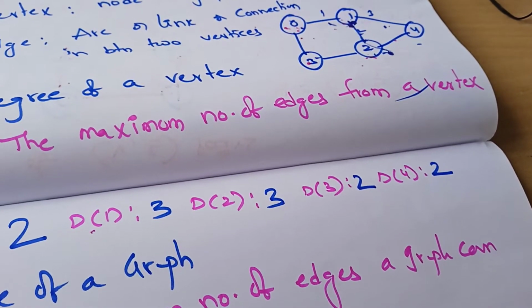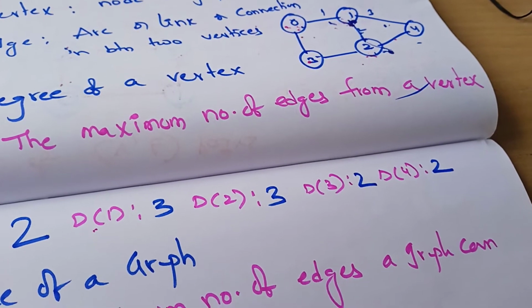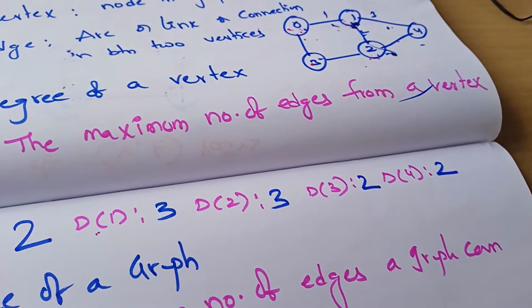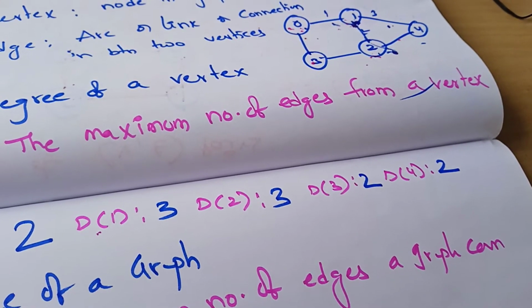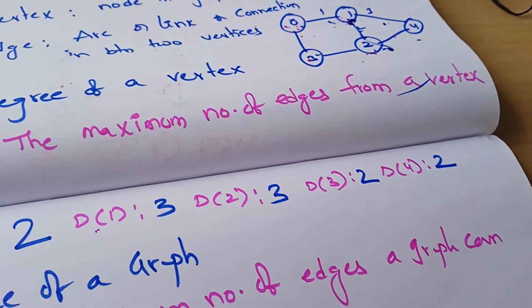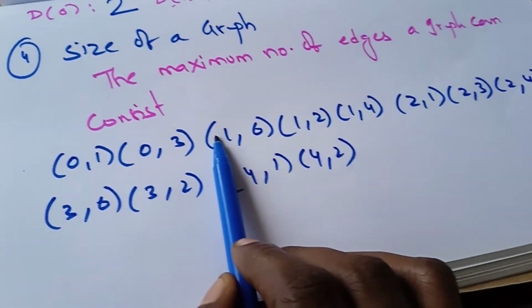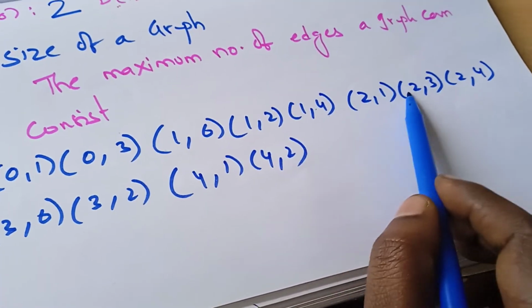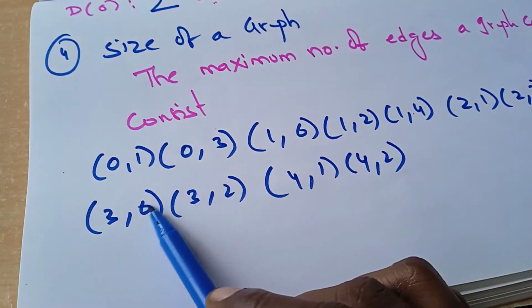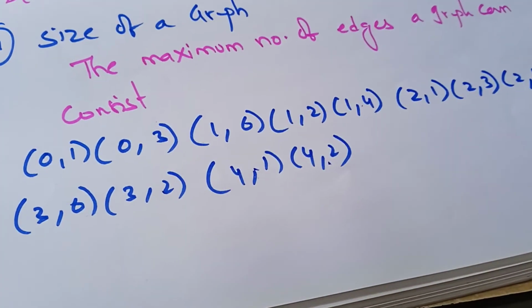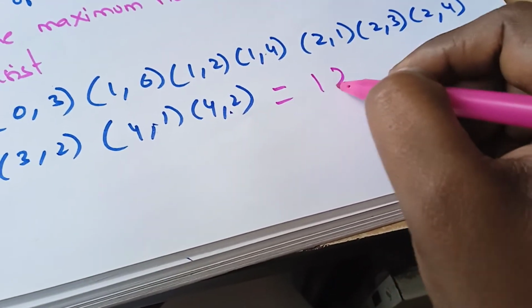Now 3, 0; 3, 2 and 4, 1; 4, 2. Now look at this. How many edges? 1, 2, 3, 4, 5, 6, 7, 8, 9, 10, 11, 12. The size of the graph is equal to 12.